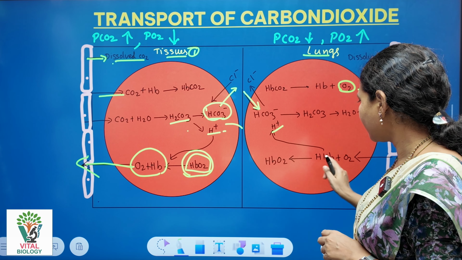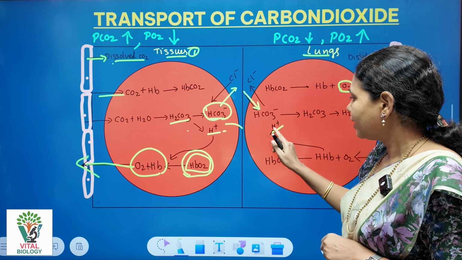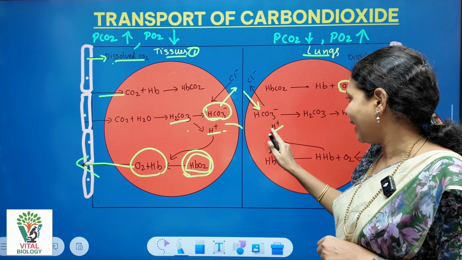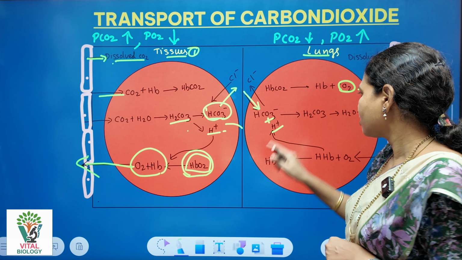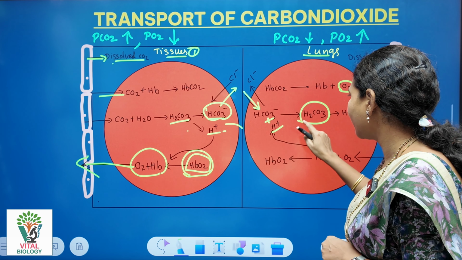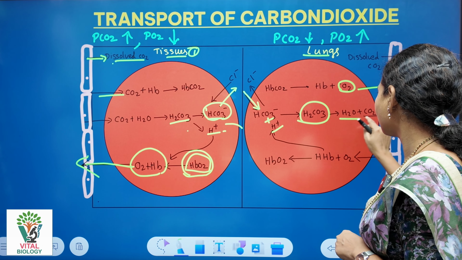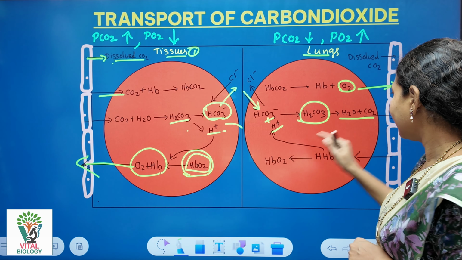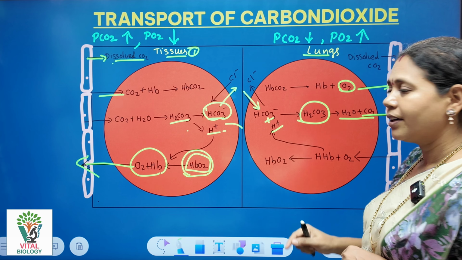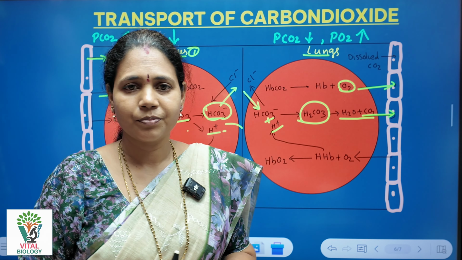As a result, the hydrogen is released from the histidine molecules of the hemoglobin and binds again to the bicarbonate ions so that it can form carbonic acid first. That carbonic acid further dissociates to form water and carbon dioxide, and that carbon dioxide again reaches the alveolus, that is, the lungs.